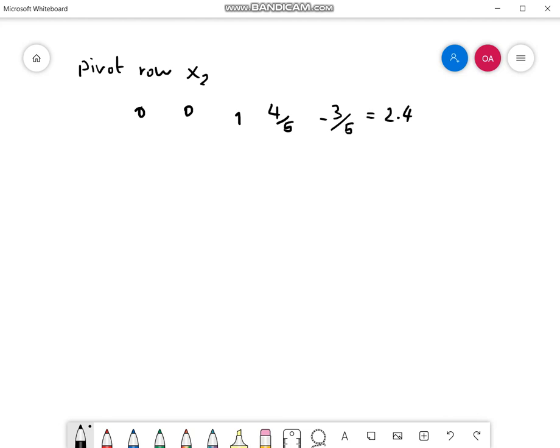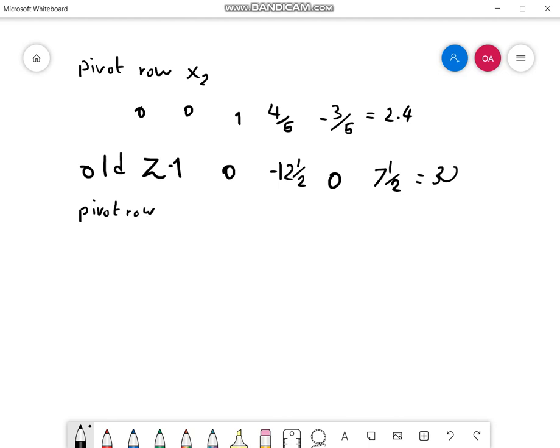Then put the old z equation. So it has 1, 0, minus 12.5, 0, 7.5, which is equal to 30. Then I put the pivot row.